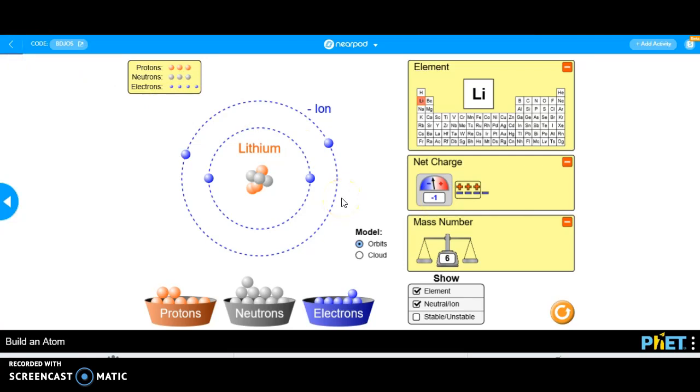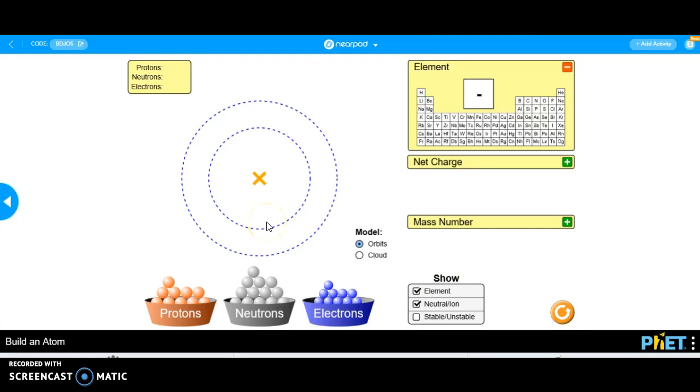Now let's build a positive ion atom. Since we want a positive ion atom, we need to have more protons than we do electrons. So let's say we want to build oxygen. Oxygen has 8 protons.